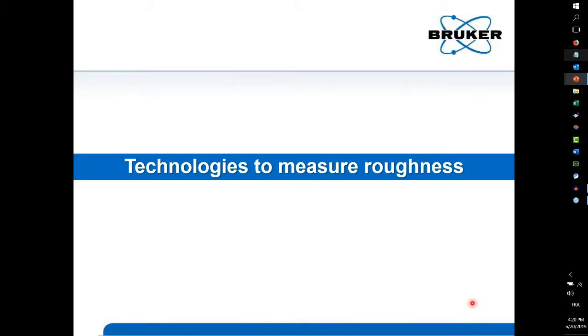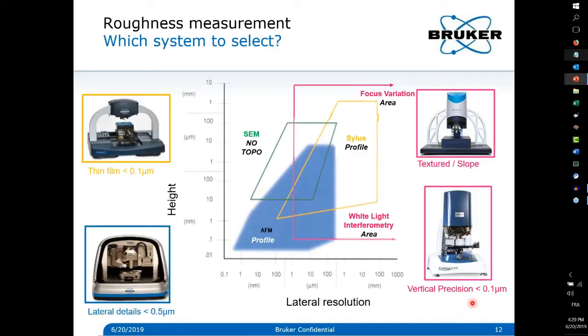So now we have different techniques to measure roughness. Here at Bruker we have the complete portfolio in order to cover all the needs, and the allocation between systems and capabilities is summarized in this graph.